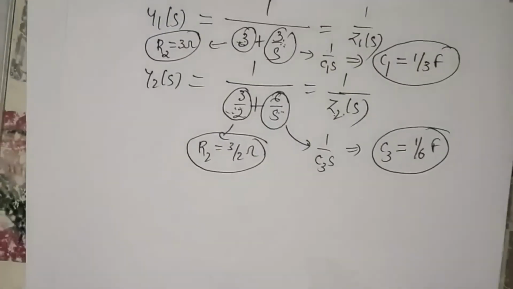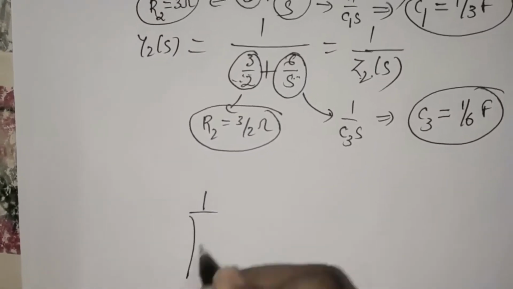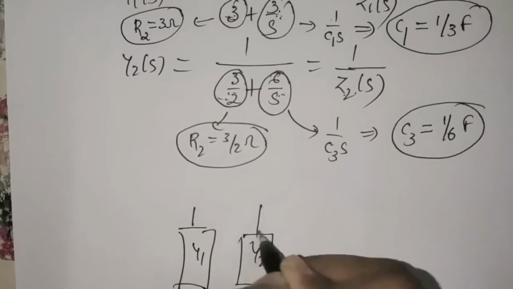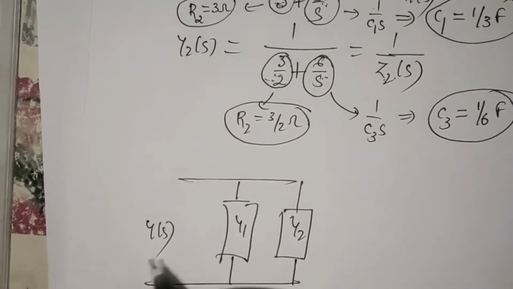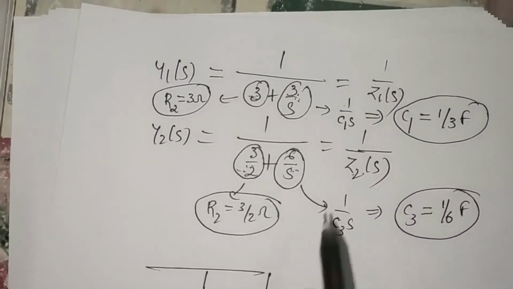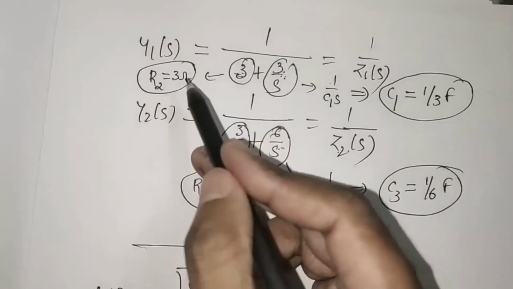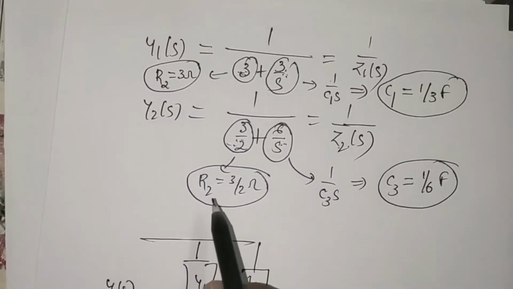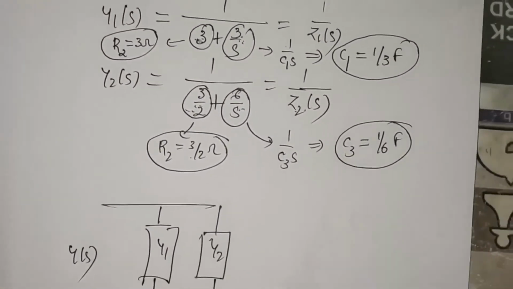So general notation of Foster second form network is nothing but Y1, Y2. So instead of Y1, I have a series combination of 3 ohms and 1 by 3 farads, and instead of Y2 I have a series combination of 3 by 2 ohms and 1 by 6 farads.